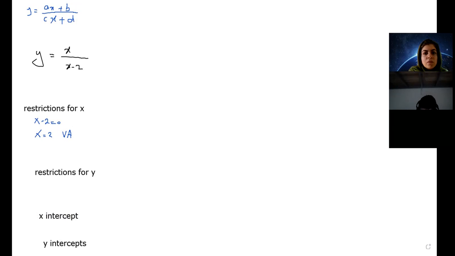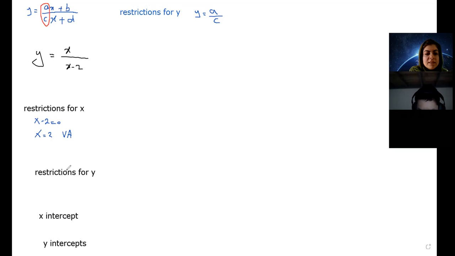Then the restriction for y is going to be the coefficient of x over the coefficient of x. It's y equal to a over c, the coefficient of x in the numerator divided by the coefficient of x in the denominator. Make sure this ratio will give you the restriction for y.